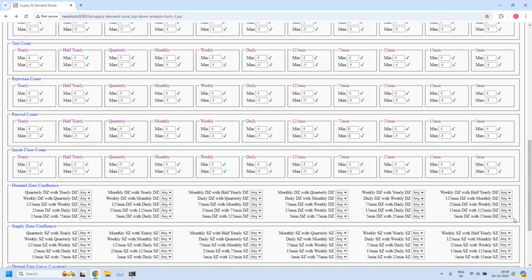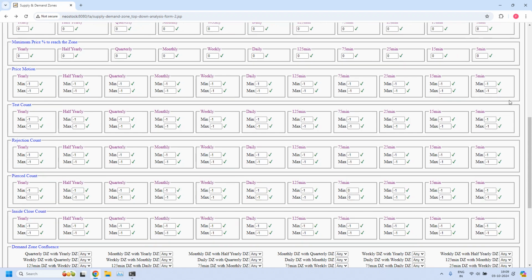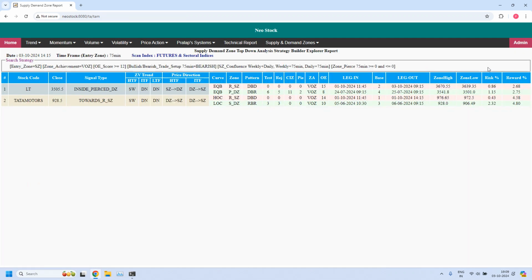In the supply zone confluence, we already enabled the filter 75 minute supply zone with daily supply zone confluence. Now I am enabling the filter 75 minute supply zone with weekly supply zone confluence, and also daily supply zone confluence with weekly supply zone confluence. With all the 3 filters enabled, out of the 2 stocks, both the stocks are even supporting HTF confluence.